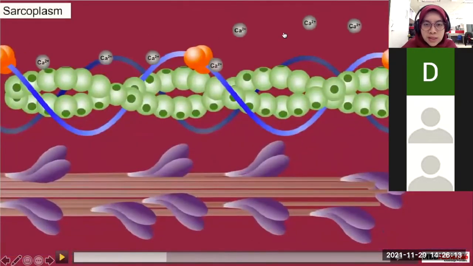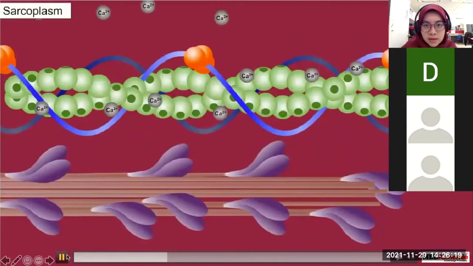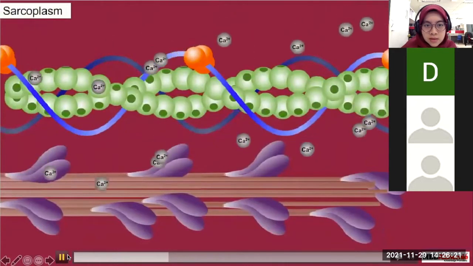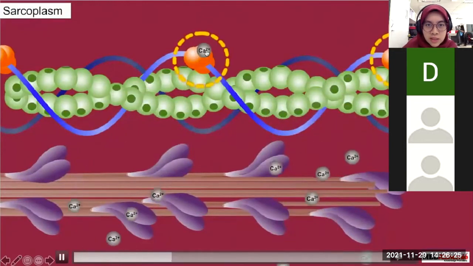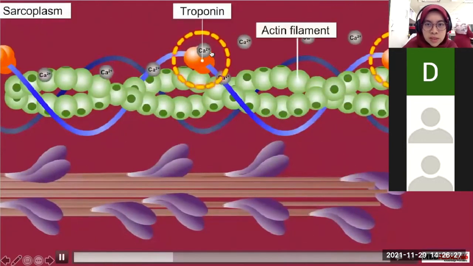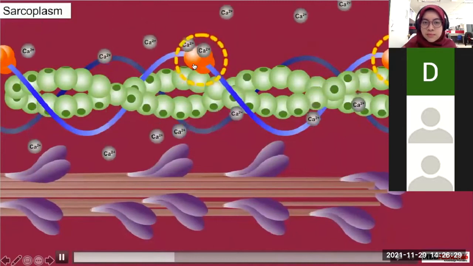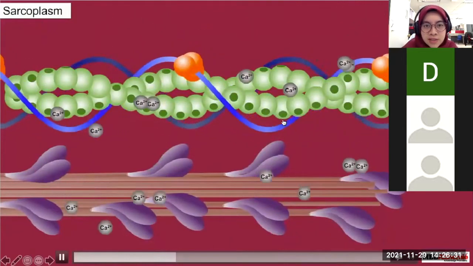When calcium ion moves into the cytosol, it will bind to the troponin. Upon binding of calcium, this is what happens. It will turn the actin filament.